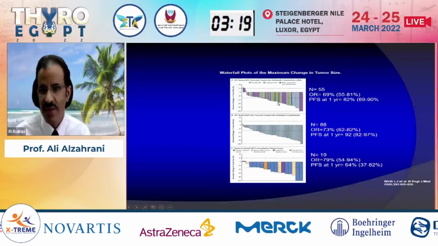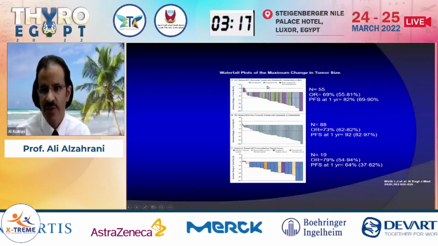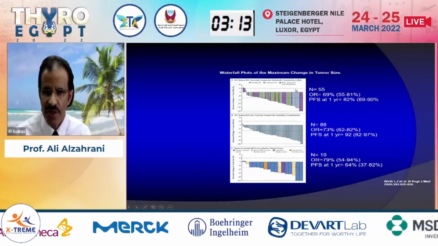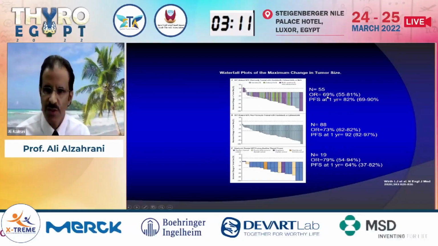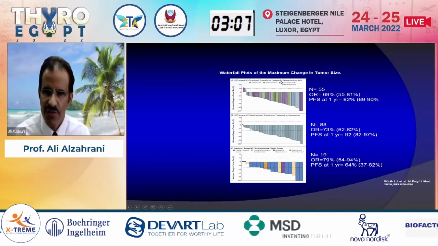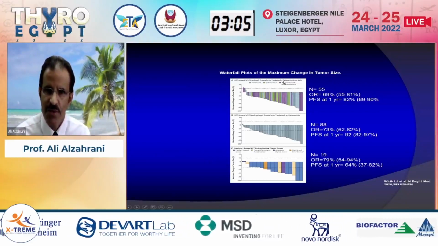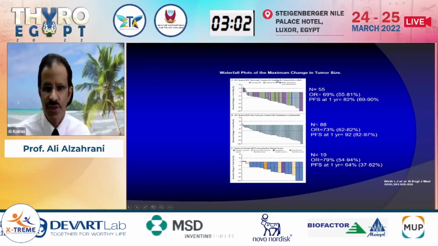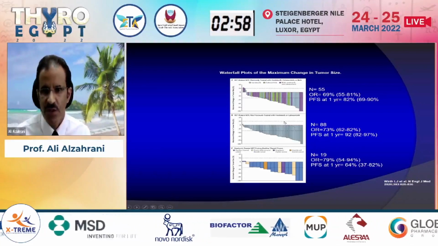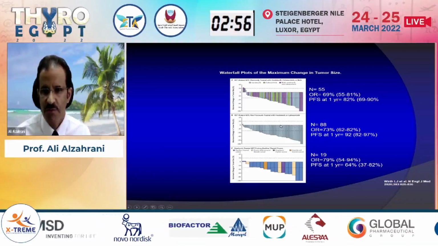This is the waterfall plot of the effect of Selpercatinib in patients with medullary thyroid cancer. You can see the overall response was 69% for patients who were previously treated with Vandetanib and Cabozantinib, sorry, or previously treated. And then it was even better, 73% for patients who did not receive medication before.